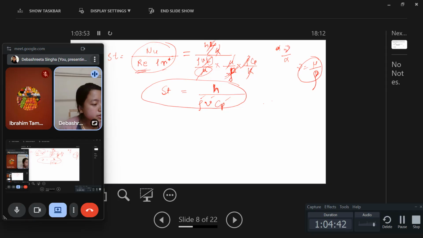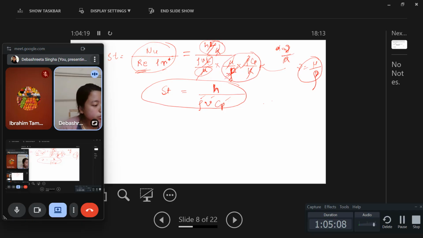Okay, so Nusselt number is given by HL by K, this on top one, and Reynolds number is given by rho VL divided by mu. Okay, then Prandtl number is given by mu by rho into rho Cp by K. That is mu. This is, in short, you can write mu by alpha also.